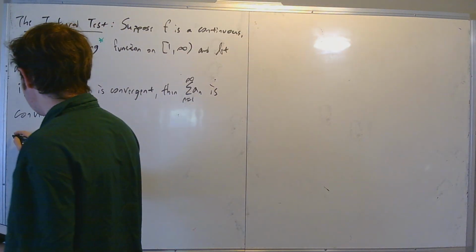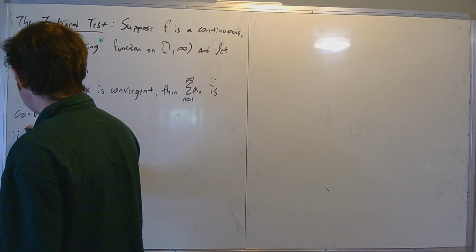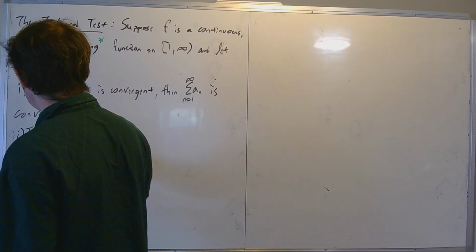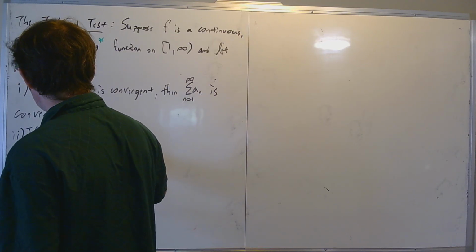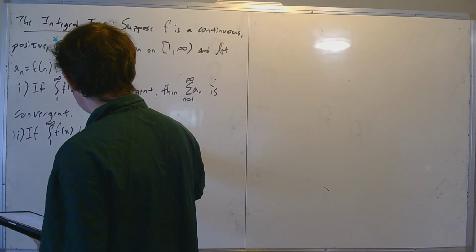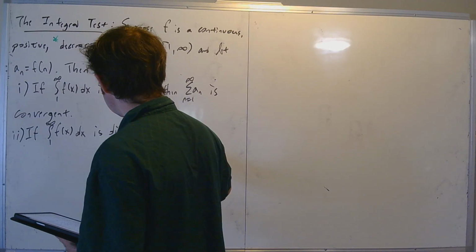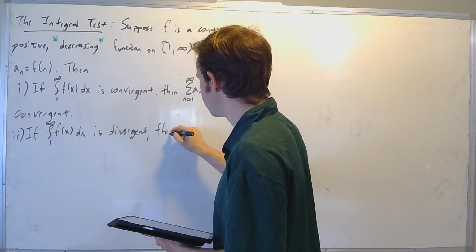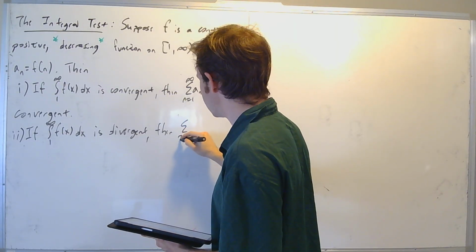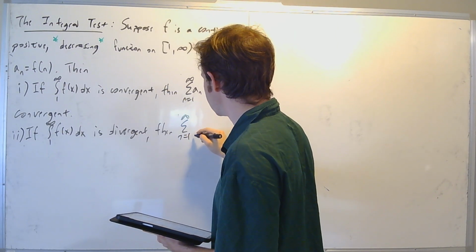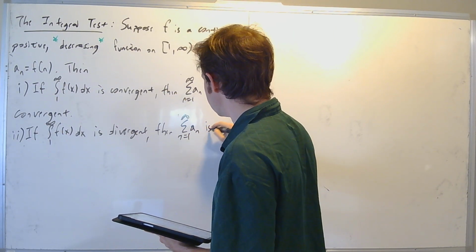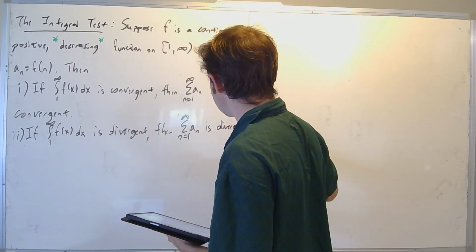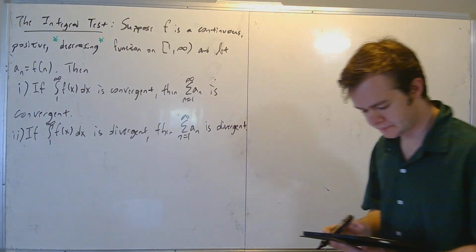So part 2 is going to say if the integral from 1 to infinity of f of x dx is divergent, then the sum from n equals 1 to infinity of a_n is divergent. Okay.